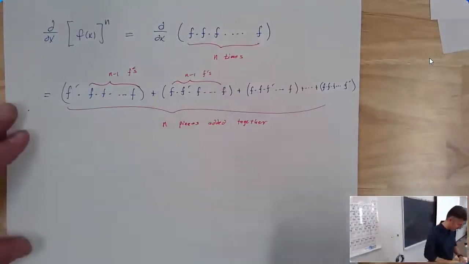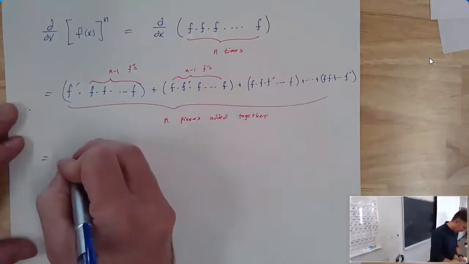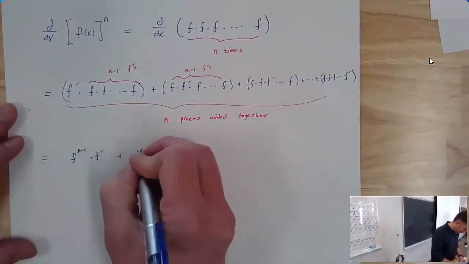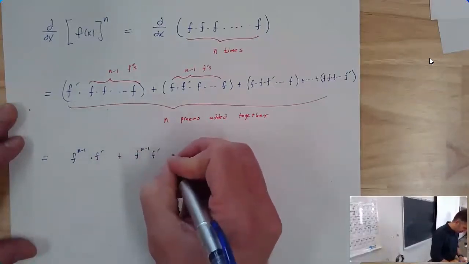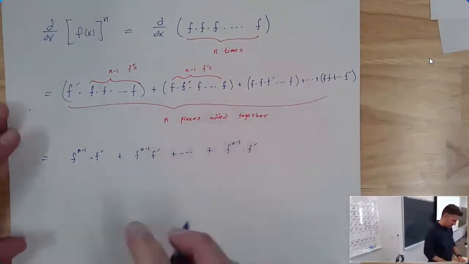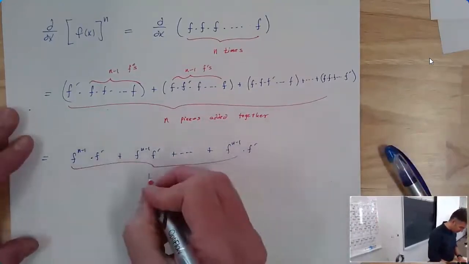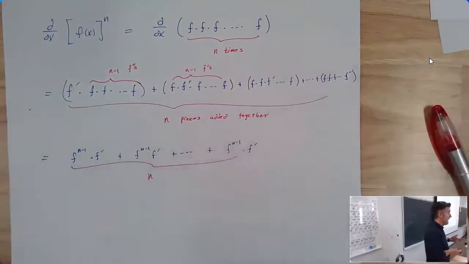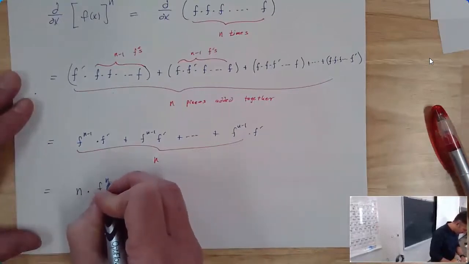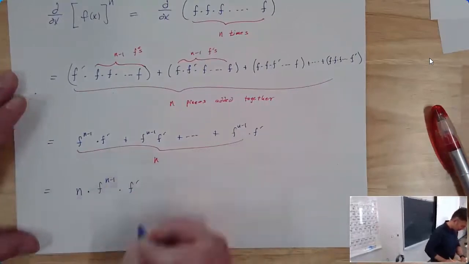So we can actually write f to the n minus 1 power times f prime plus f to the n minus 1 power times f prime, plus all the way to f to the n minus 1 power times f prime. And we still have n of those. If you have the same thing added together n times, you just have n times that. Just like you have the same thing added together 5 times, you have 5 times that. So this is really equal to n times f to the n minus 1 times f prime.